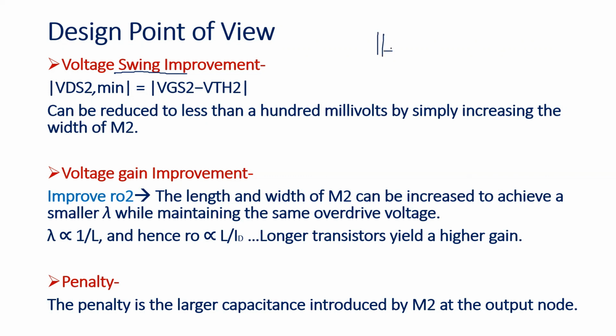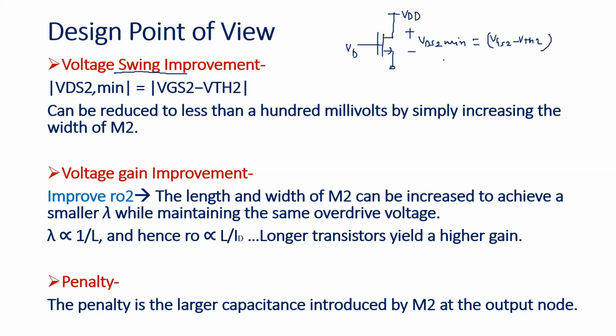If this second transistor is acting as a load or current source load, with this bias voltage and VDD, this is the minimum potential. So if I talk about this VDS minimum, it is VGS2 minus VTH2.